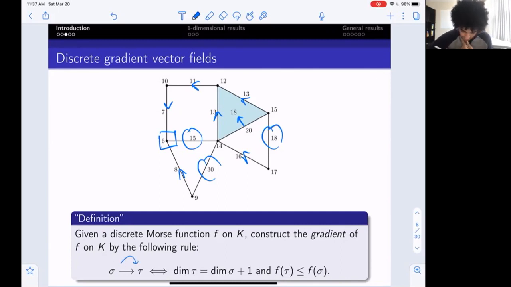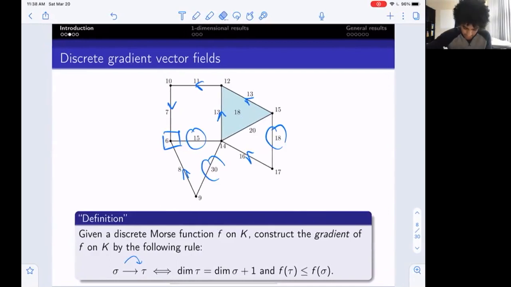Let's see. So we would point an arrow whenever the value would decrease. So in this case, if we're looking at 20, so 20 as an edge can only point to two-dimensional faces. And the only two-dimensional face that is its neighbor is the one labeled 18. And 18 happens to have a lesser value, so it would get an arrow from it.